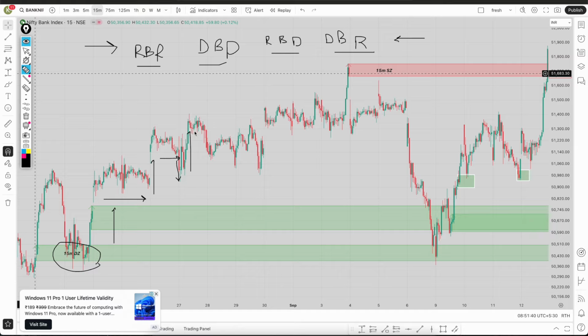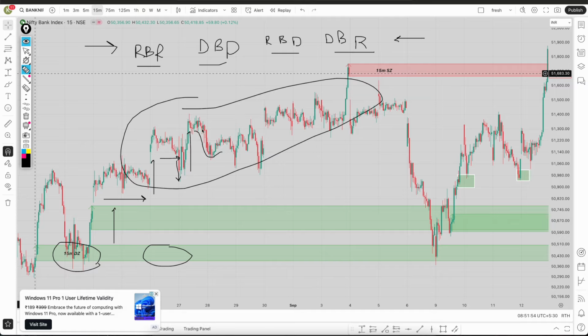Then the same thing happened again, the market tried to trap people, because the real order flow is here, and the institution wants more and more people to participate in this particular zone, so that in one shot they'll blow up everyone's account, and more and more orders are free.